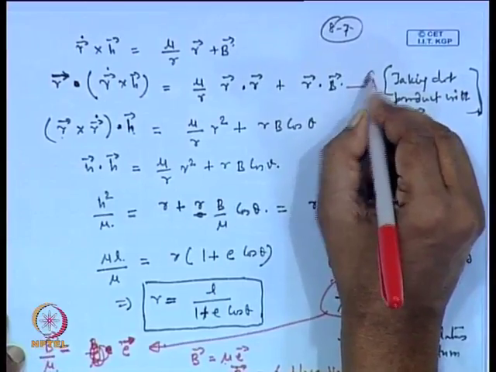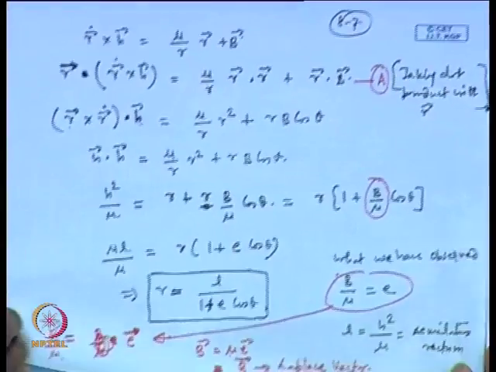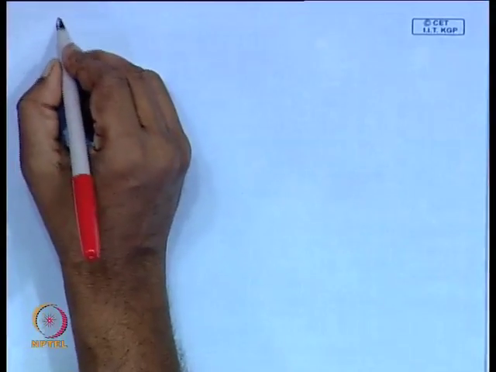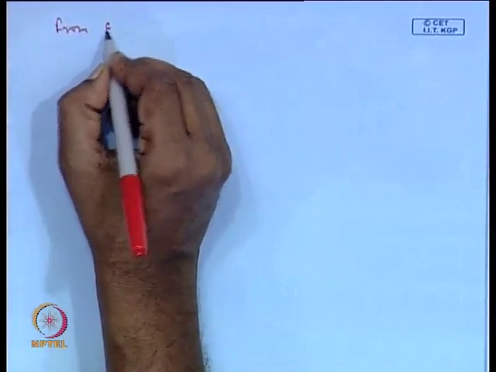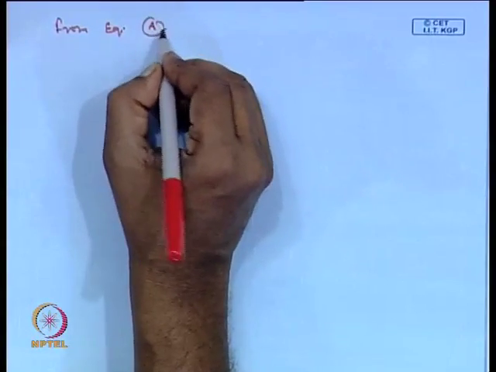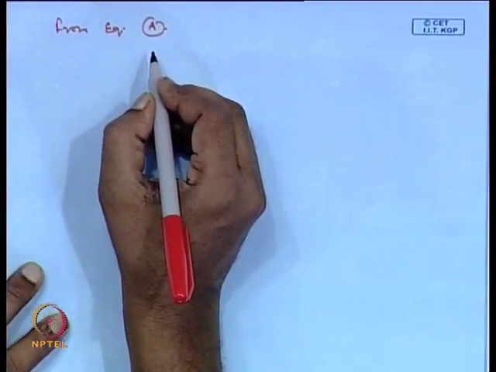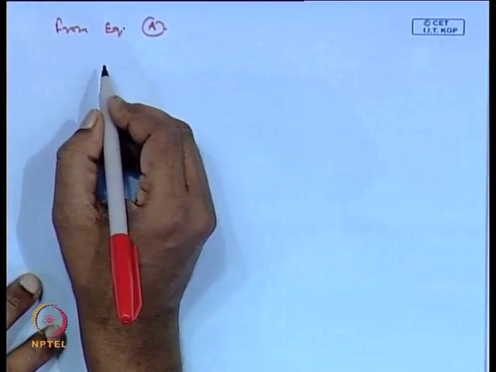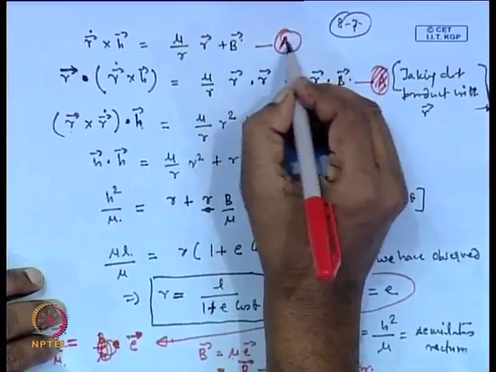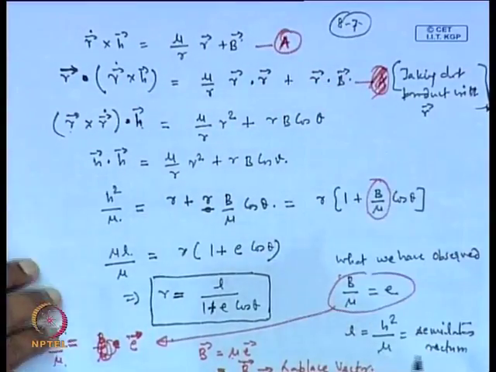Okay, let us write this equation as A. So, from equation A, not this equation as A. We are defining this equation as A, not this one as A.